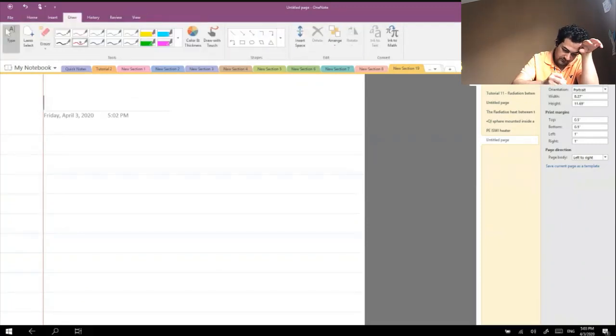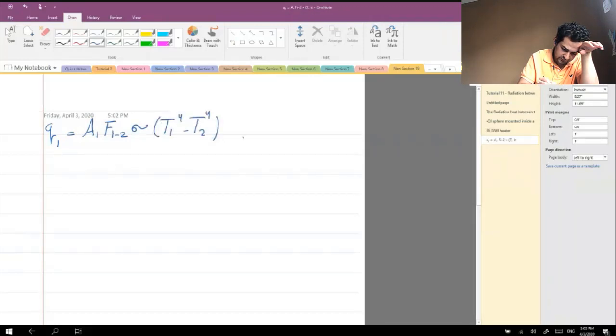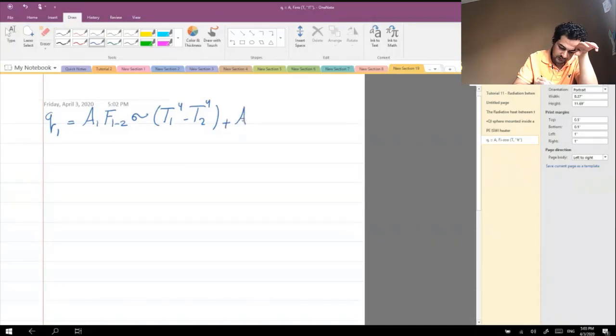So when we substitute into equation double star, I will write it here again. Q1 is A1 F12 sigma (T1 to the power 4 minus T2 to the power 4) plus A1 F13 sigma (T1 to the power 4 minus T3 to the power 4).